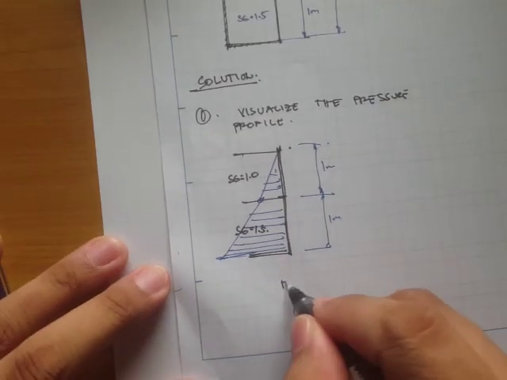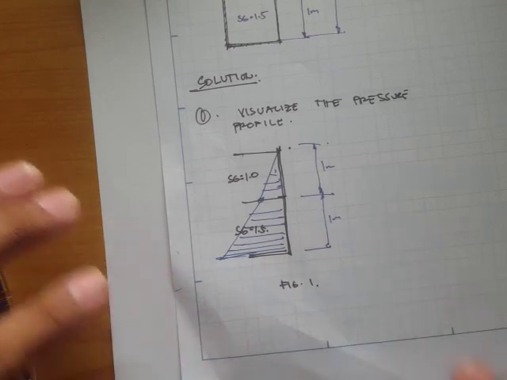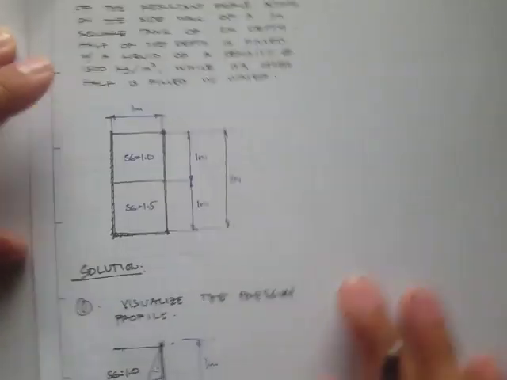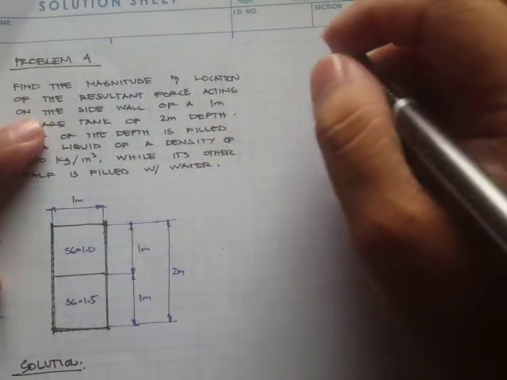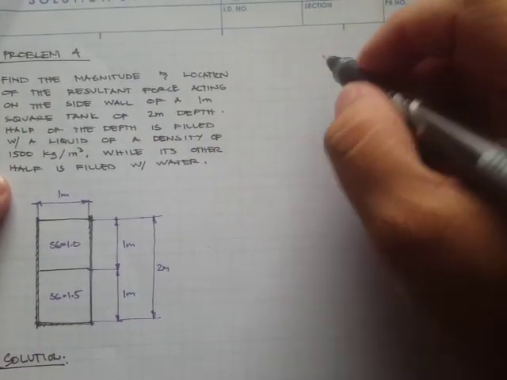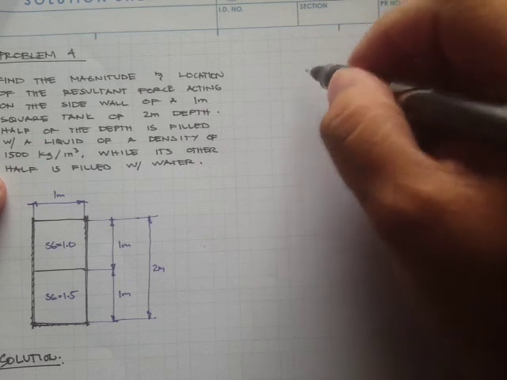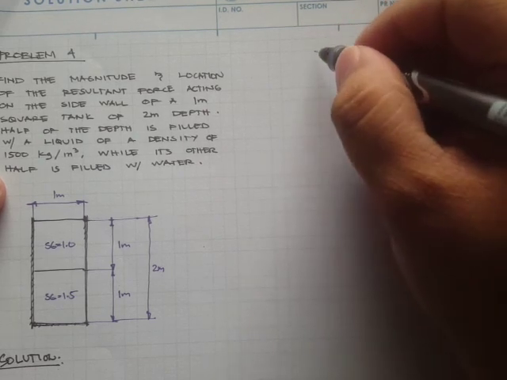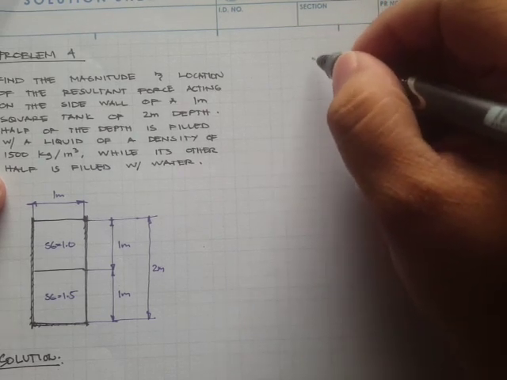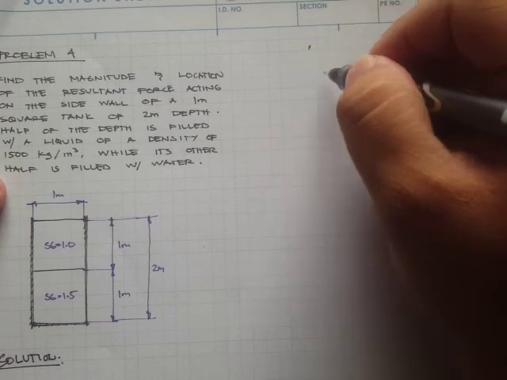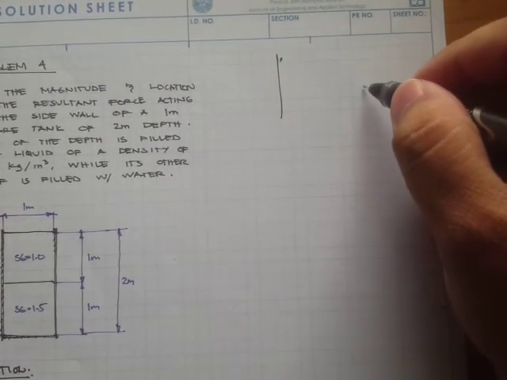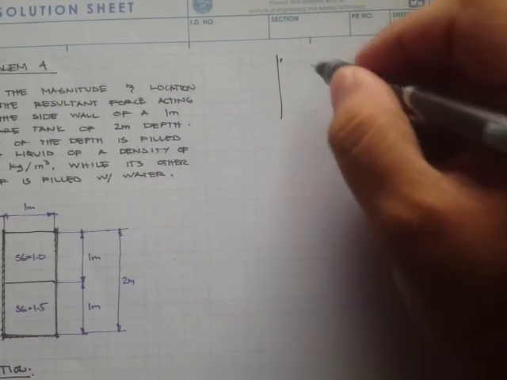Let's write this as figure 1. The next thing to do is to draw this profile in a three-dimensional view. Then what we get is something like this.